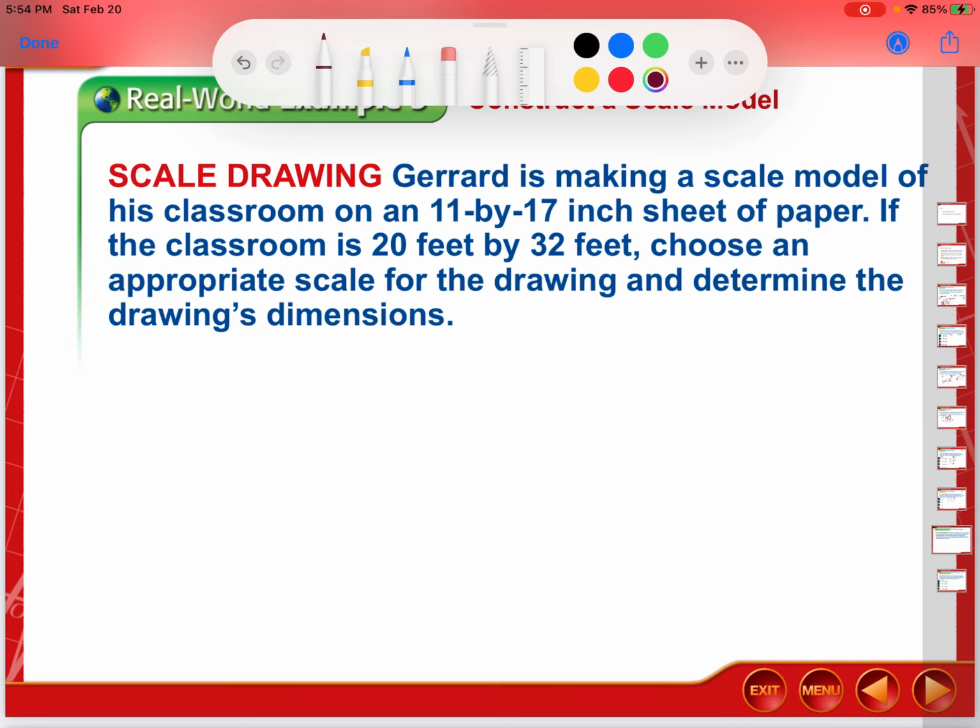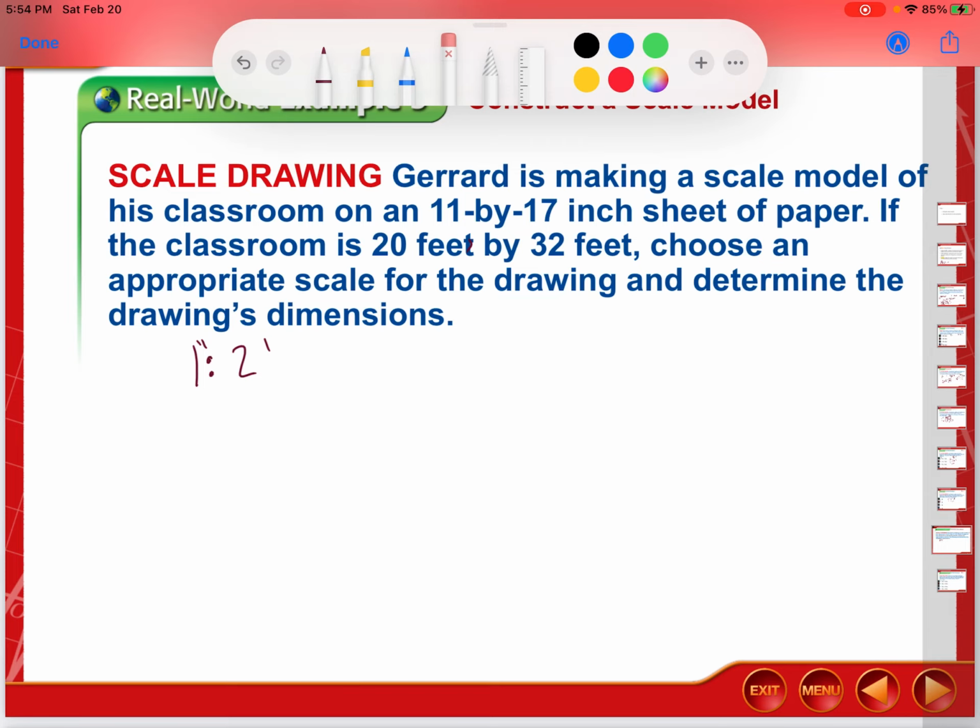So me personally, I look at this and I say, okay, if I multiply 11 by 2, I get 22, and if I multiply 17 by 2, I get 34. So if I used a 1 inch to 2 foot scale, then that would pretty much fill up the paper, and it's a nice, easy scale factor. That's how I would look at this, knowing that, yep, that would work.